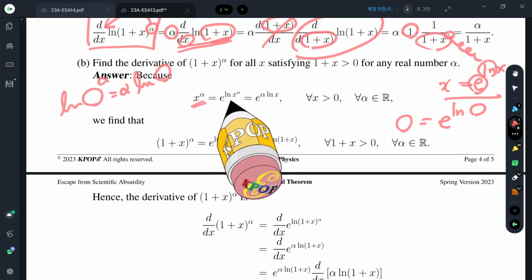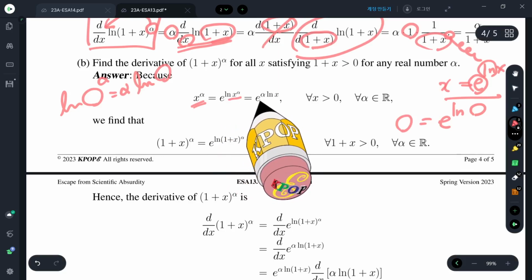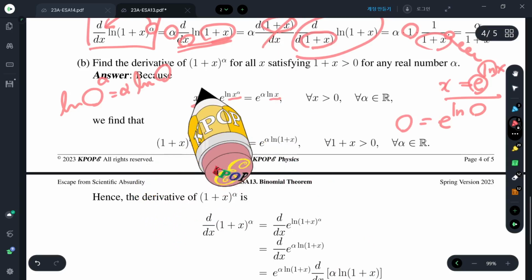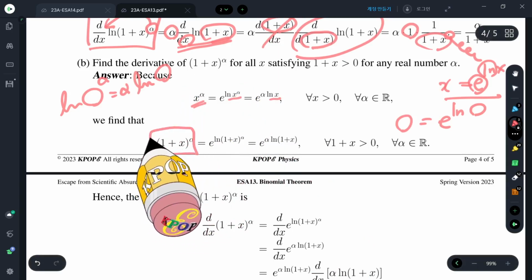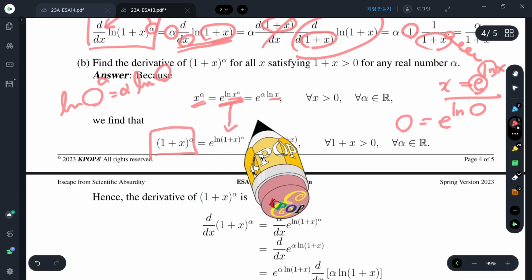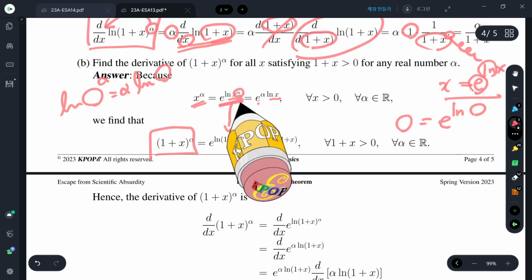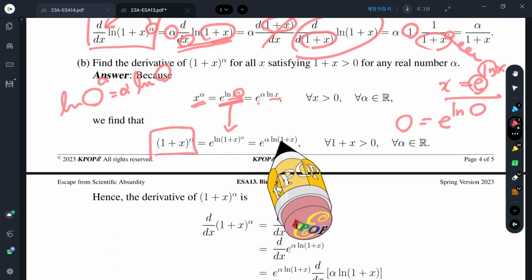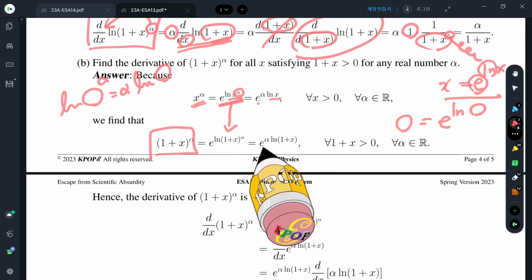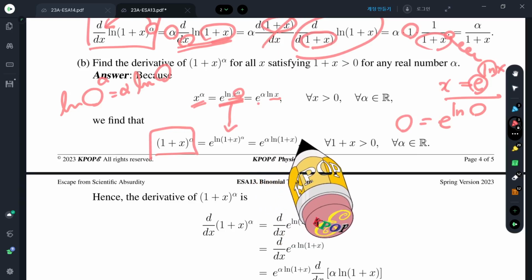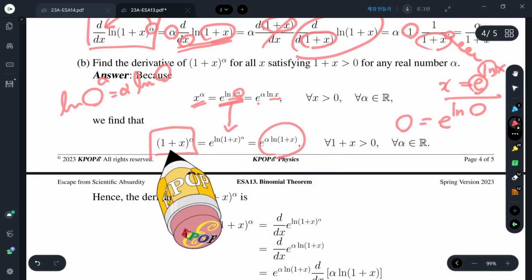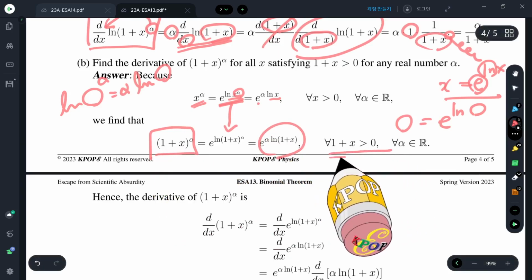So I can rewrite this one as e to the alpha log of (1 plus x) to the alpha, because of the identity operation, and then the power exponent comes out. So we have exponential of alpha log of 1 plus x. It is identical to each other as long as 1 plus x is positive.